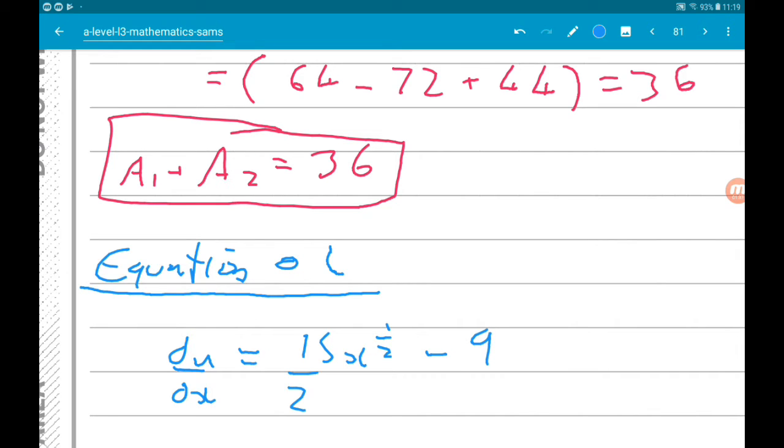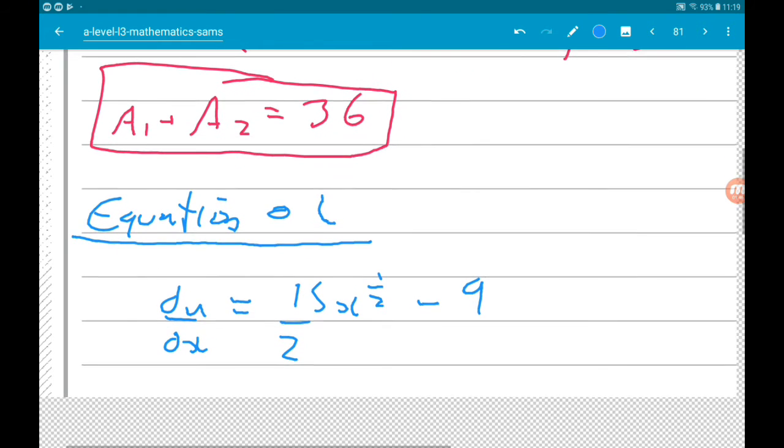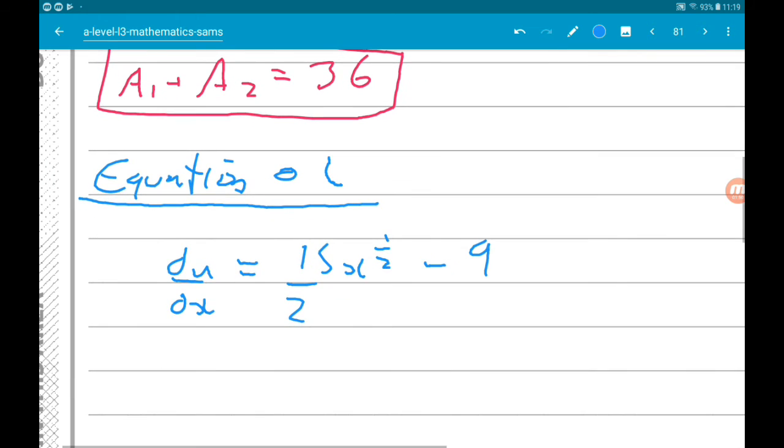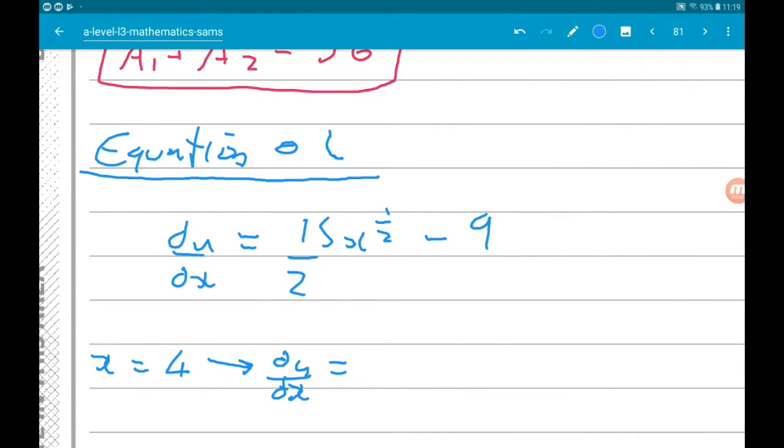So, that's the gradient function of the curve. To find the gradient at P, we substitute in x is equal to 4. So, 4 to the power of a half is 2. 2 times 15 halves is 15.